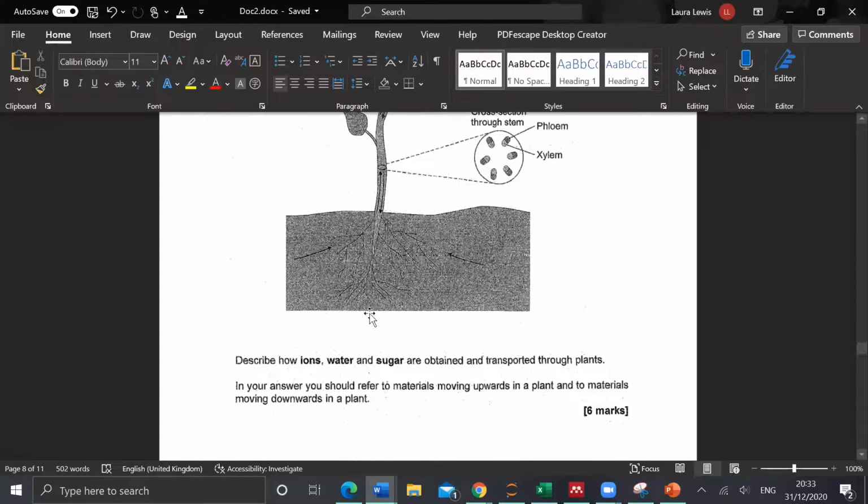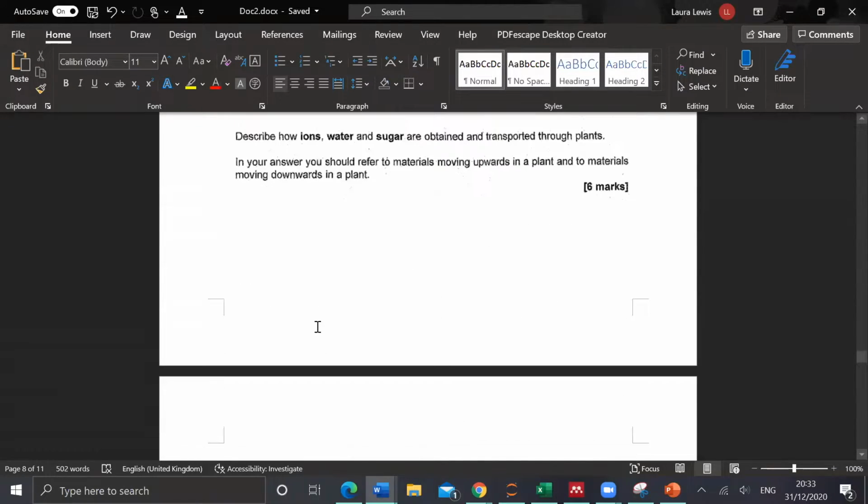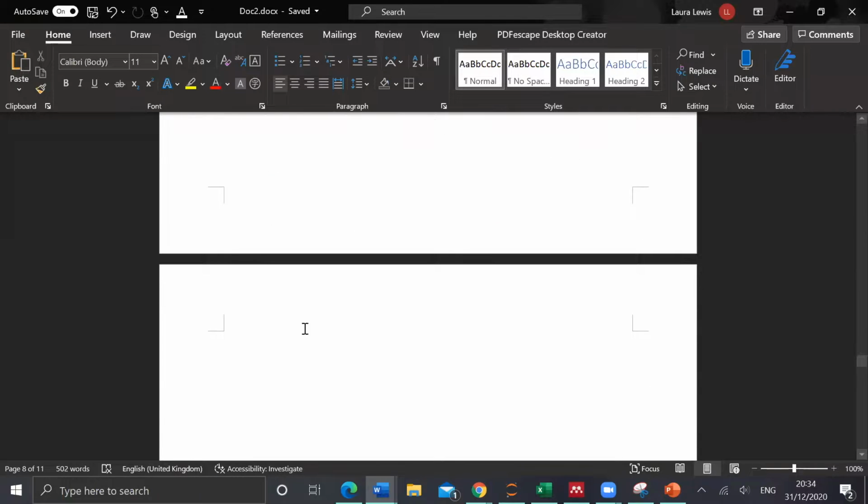Describe how ions, water, and sugar, so we need to have all 3, are obtained and transported through plants. In your answer, you should refer to materials moving upwards in a plant and to materials moving downwards in a plant.